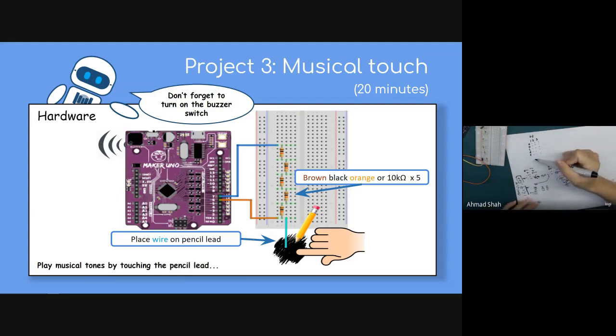So between here there is no connection. To connect both of them together, you are going to add a jumper wire here. Did I answer your question? Okay, let's move on.